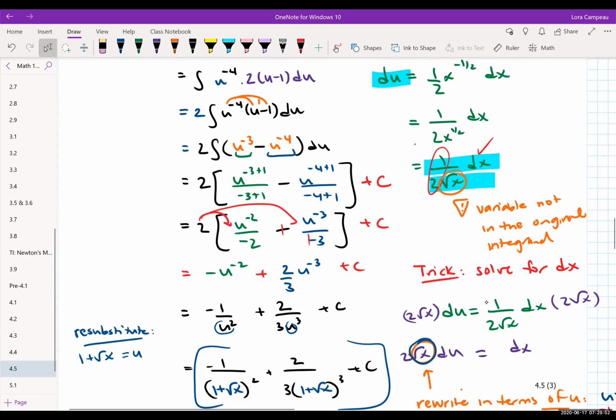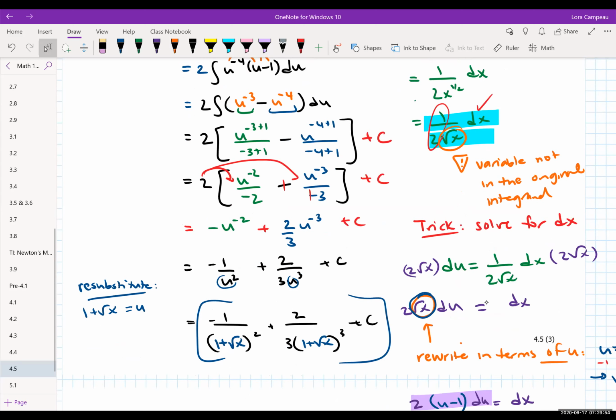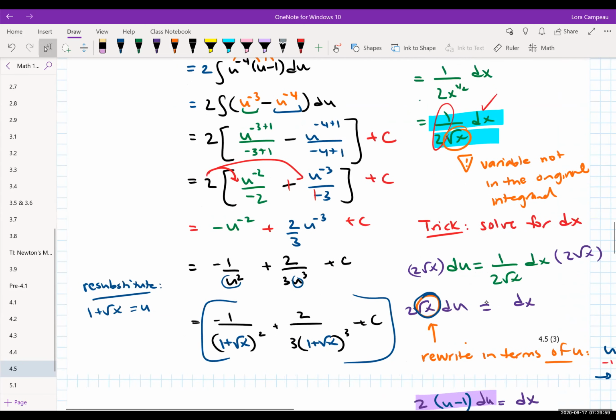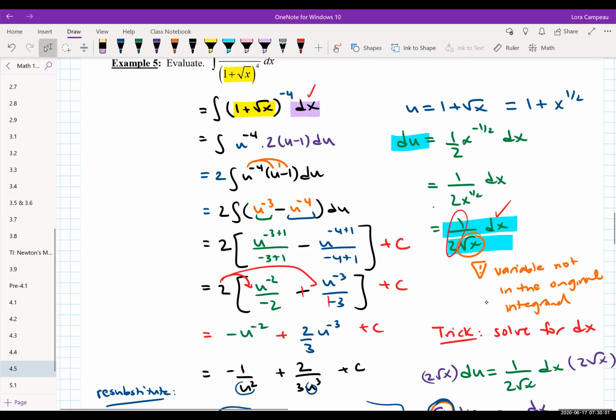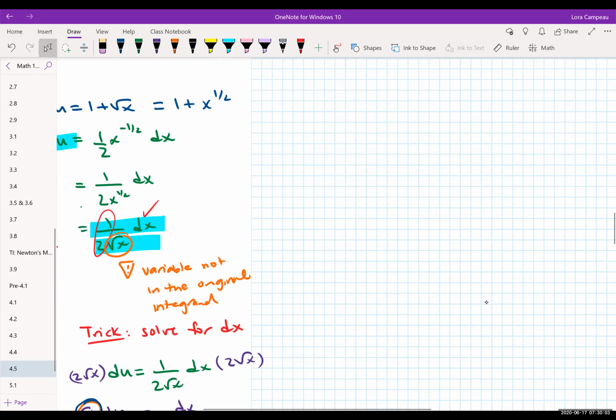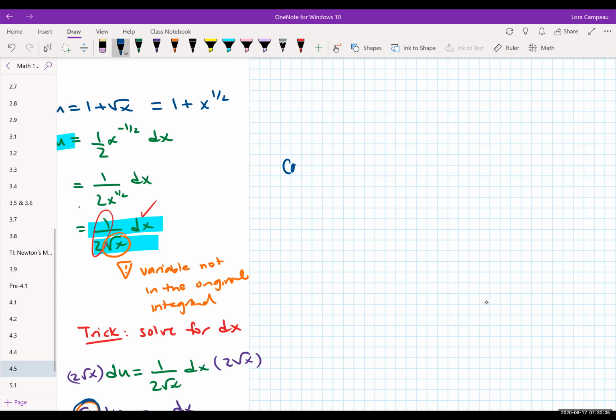When we're in Calc 1, that's the class we're in right now, we have some strategies. So what are we in, Calculus 1? I used to call you guys Math 170 for us.